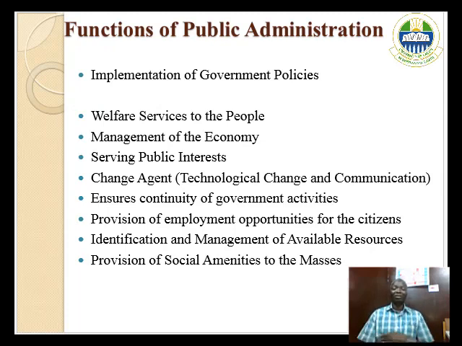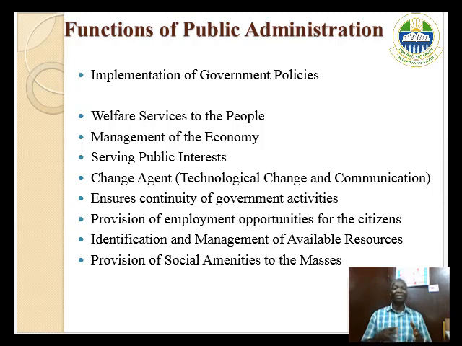Like we have said, we have discussed the implementation of government policy. When it comes to policy, government is involved in the implementation of policy. And who are those people that are involved in the implementation of policy? It is the executive arm of government. We also look at the welfare services to the people, like we have said. We also look at the management of the economy. It is the responsibility of government to do what? To manage the economy of the country for the interest of the citizen.